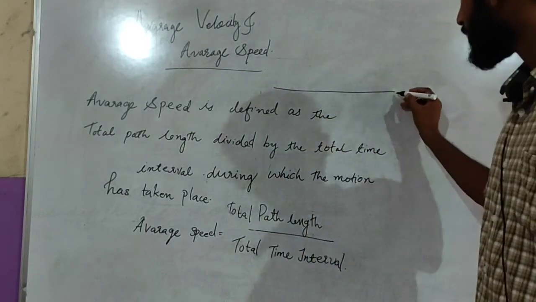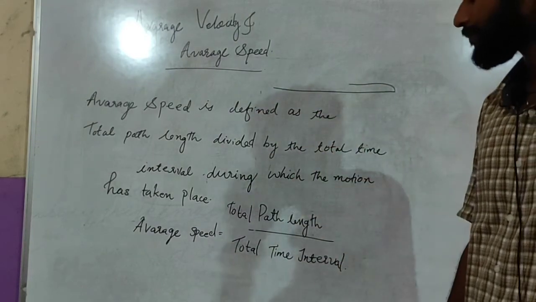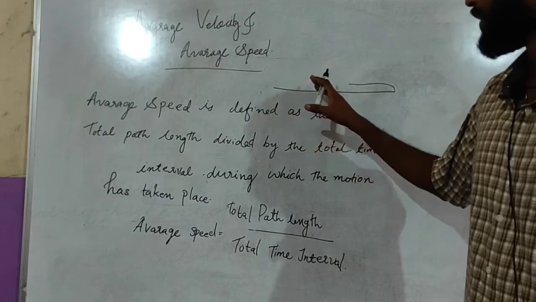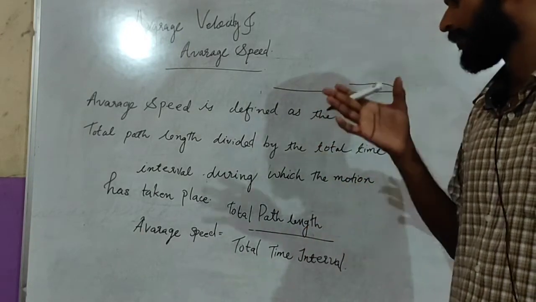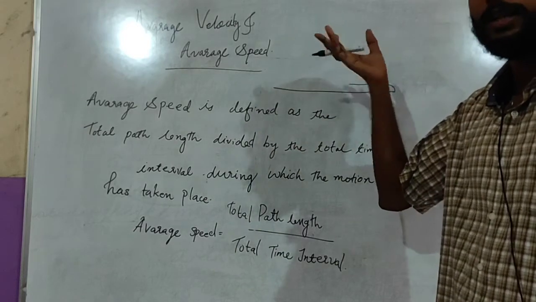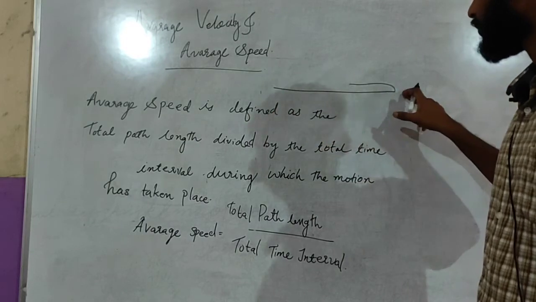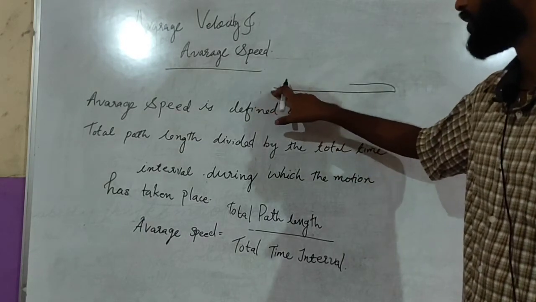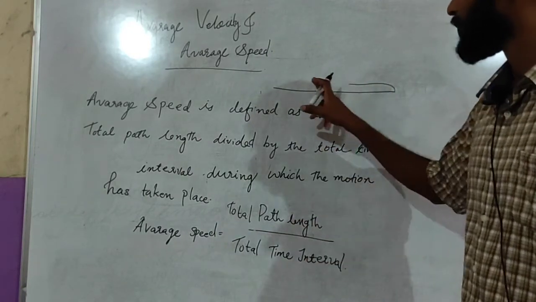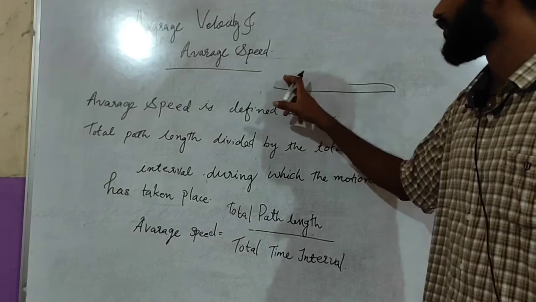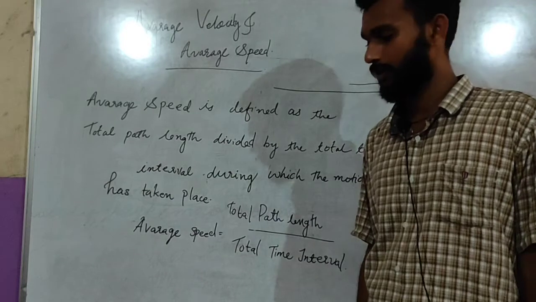If the direction is changing in between, then the displacement and path length will be different, isn't it? We have already discussed that when we dealt with displacement and path length. Here you have to consider the entire path for average speed, but for average velocity, just the displacement that happened.